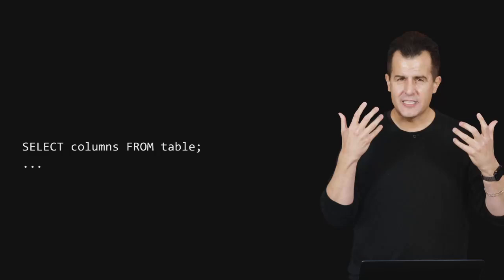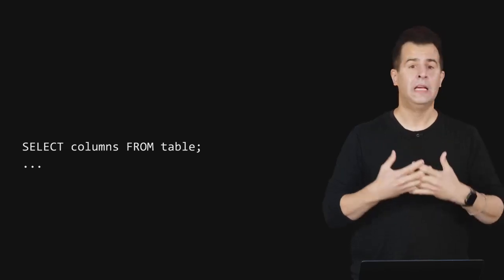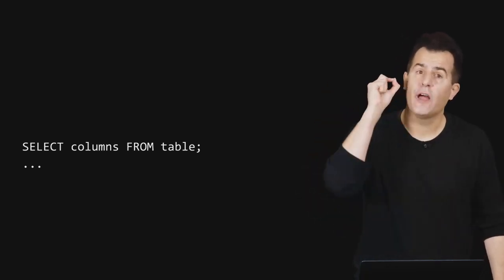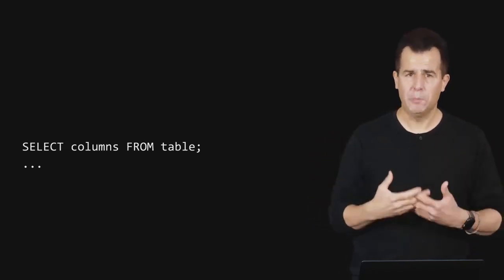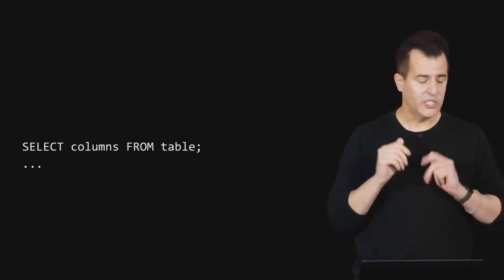So it kind of has the right semantics. When you want to select data from a database, read data from a database, you literally write select. And then you specify one or more columns that you want to select data from, and you specify from what table you want those columns to come from. So what you see here on the screen is the canonical, simplest form of the select statement in SQL.